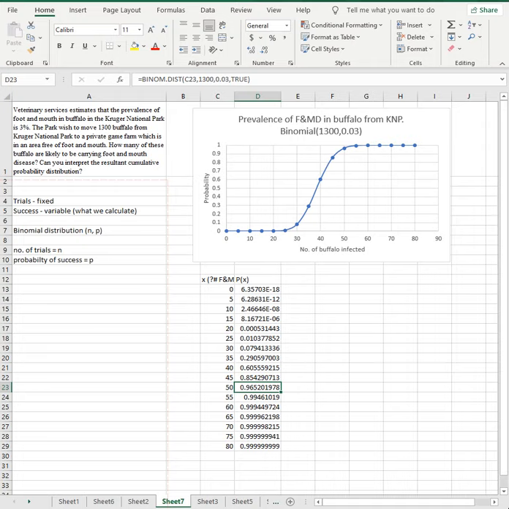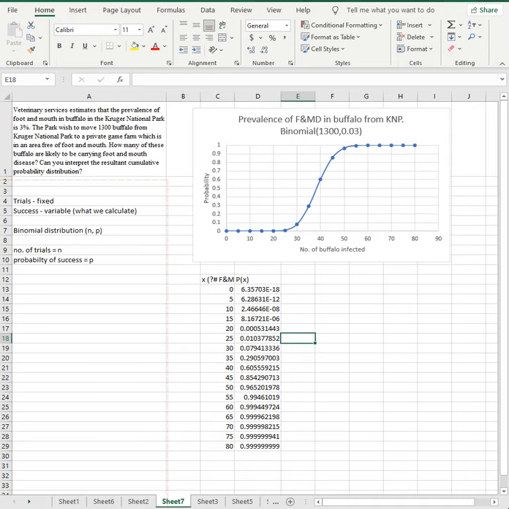So let's have a look here. So there is a 99% chance that the number of buffalo infected will be 55 or fewer. There is a 60% chance that the number of buffalo infected will be 40 or fewer. And then if you wanted to give a specific range, you can actually just subtract them.